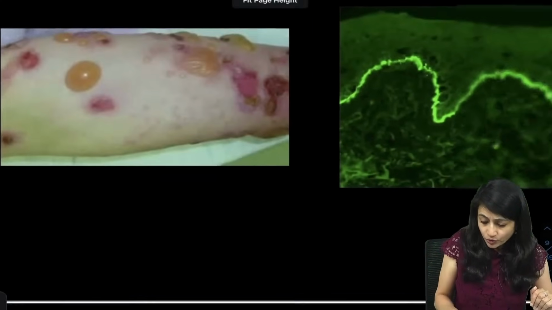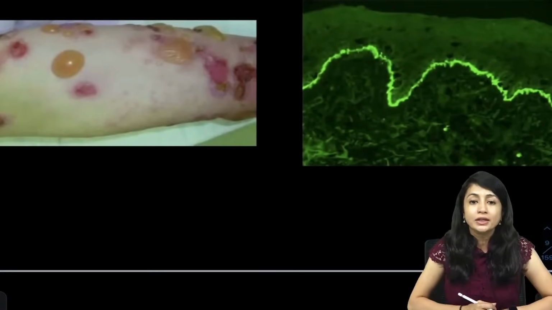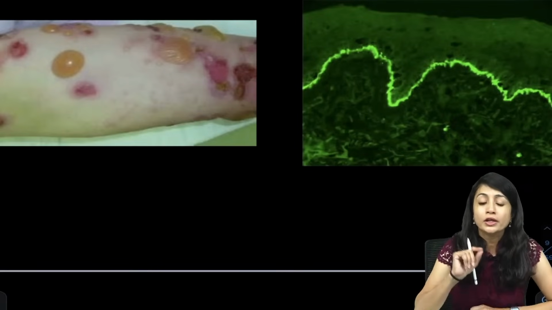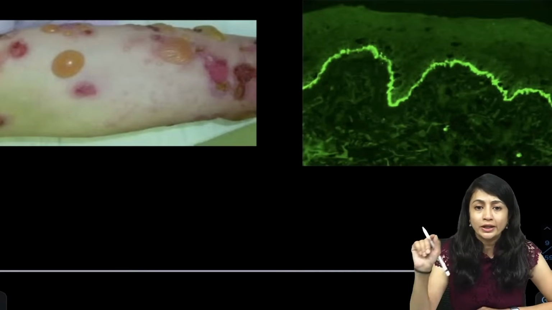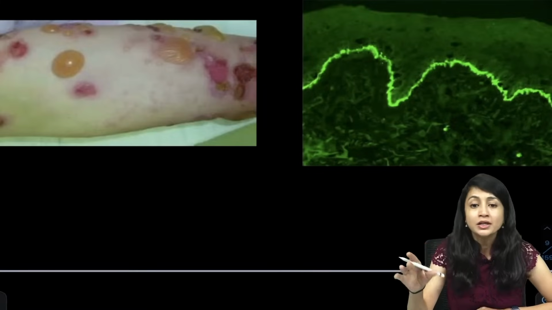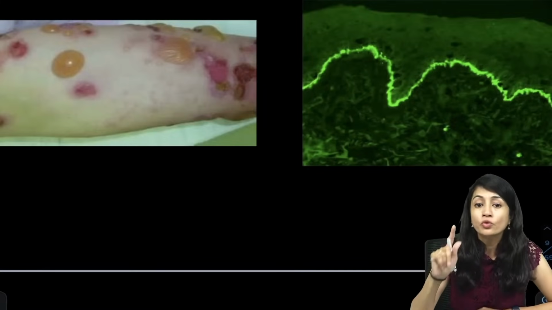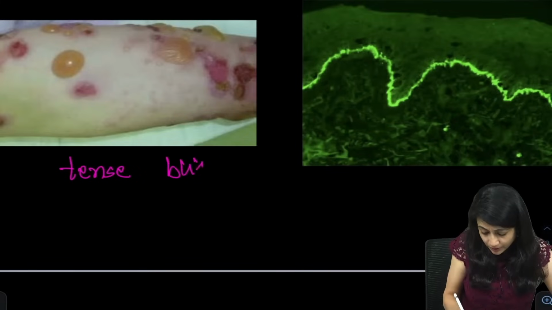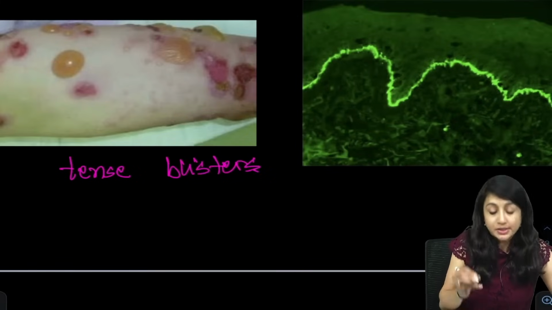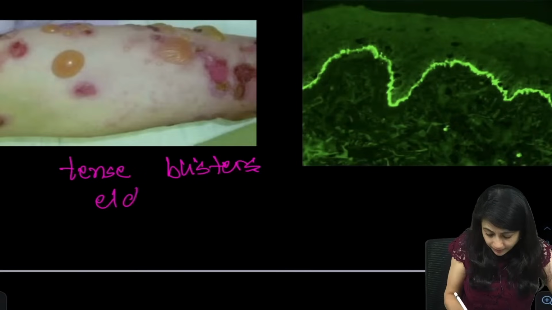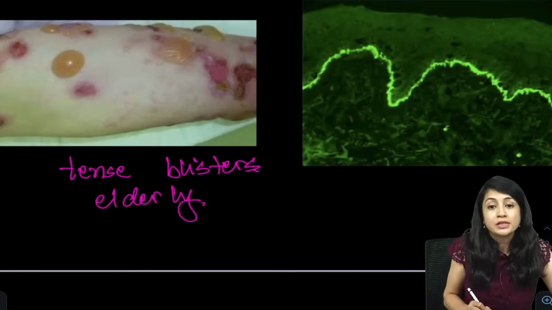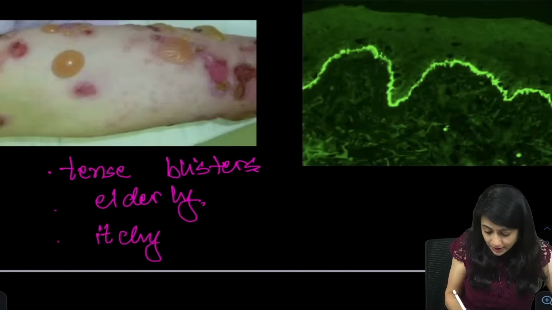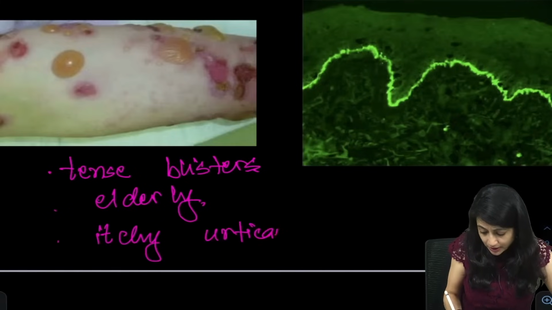Now, to confuse us further, we can have an image like this. You may or may not be given this DIF. So you would typically get a 60 to 80-year-old female or male, usually elderly population, who presents with tense blisters. So there can be 2-3 pointers in the history: elderly, tense blisters, and the third very important feature that may be given is preceded by itchy urticarial lesions.